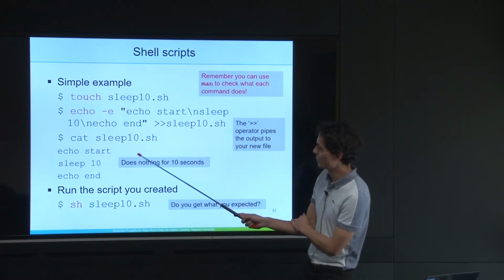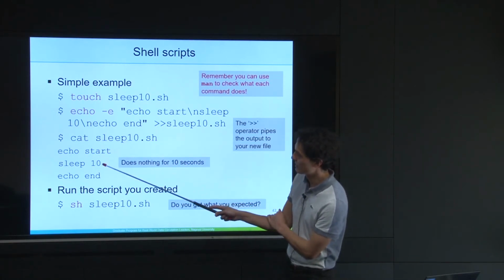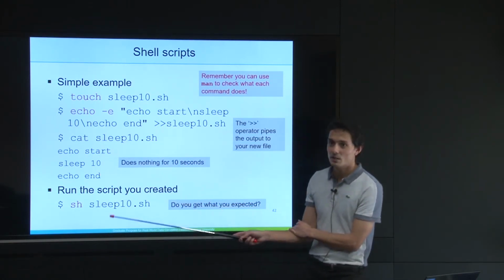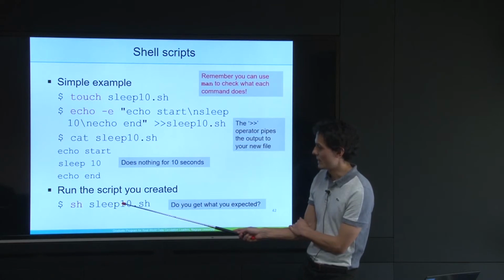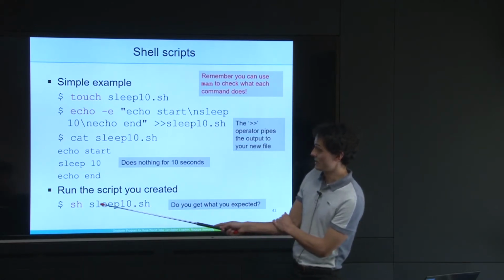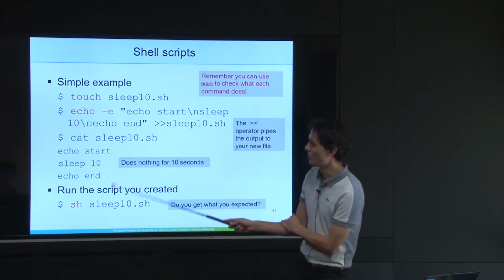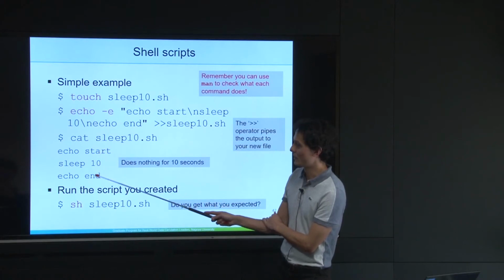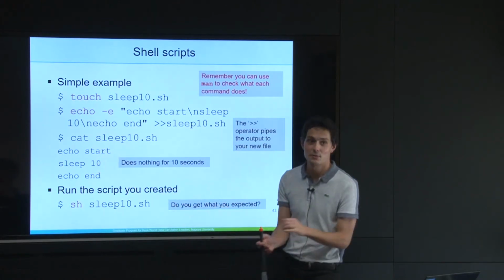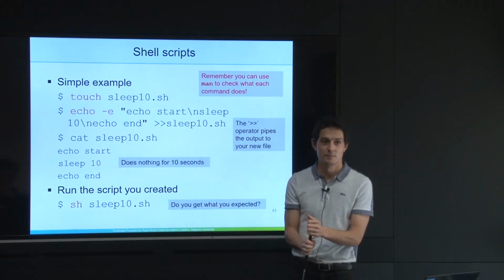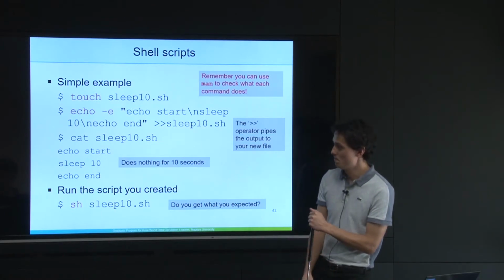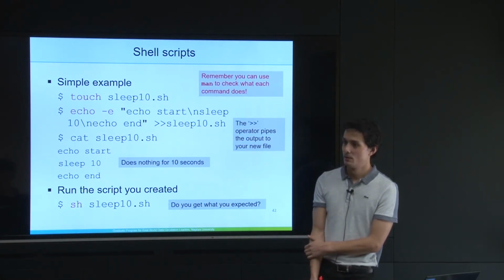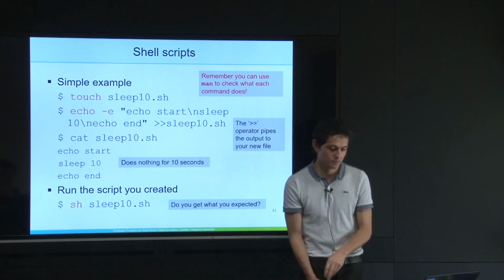And then if we use cat to have a look at what's in the sleep file, you'll see these commands. So then if you run that file that you just created using this sh command, it will go through and run these 3 commands as if you typed them in. So it does it in one go. So try that and see what you get.